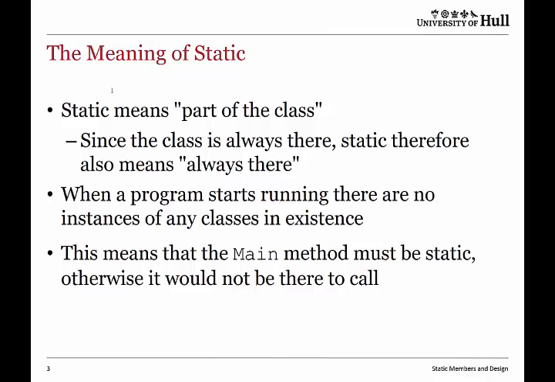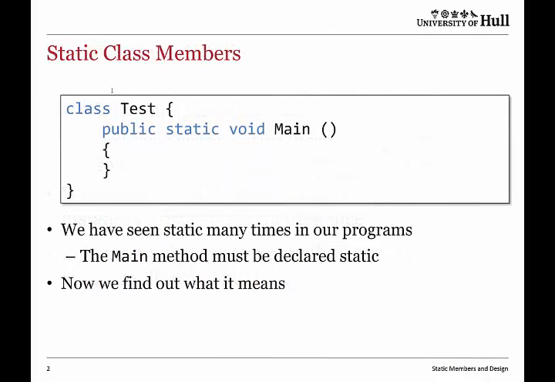What on earth has that got to do with programming? Static means it's always there. Static means it's never not there. Static means I can refer to a method called main in a class called test, and I can be absolutely sure that main will be there when I want to use it. Now, members of an object only exist if we have an object to put them in.